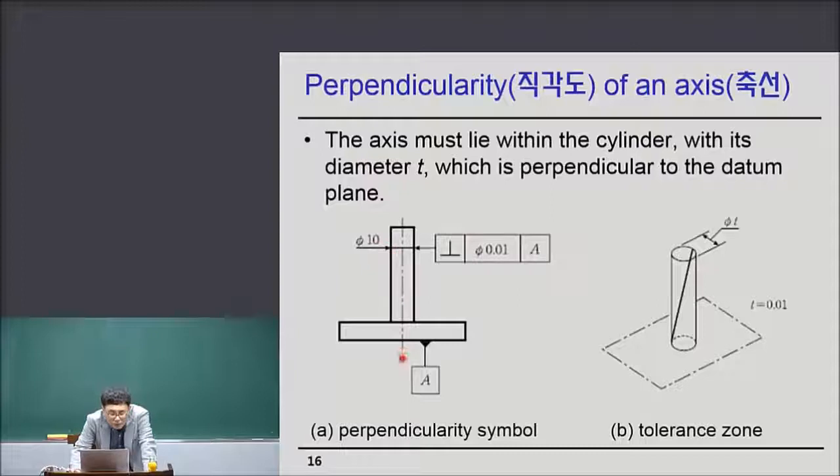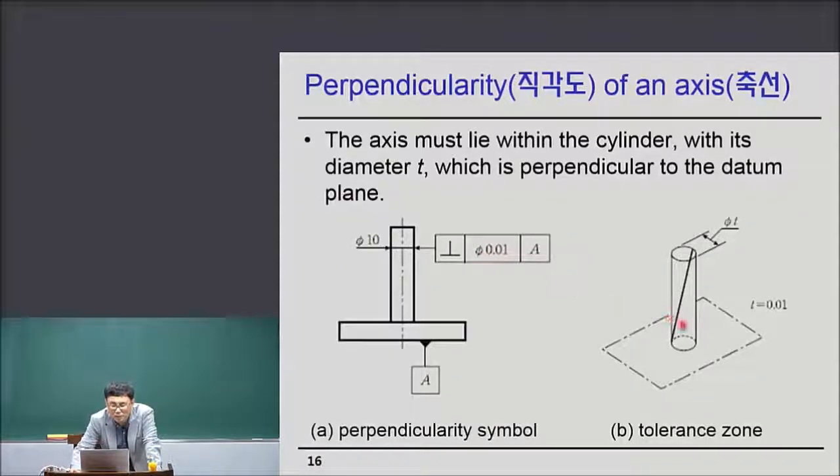So now this is the datum A. Datum A is the bottom plane, and the perpendicularity symbol is attached to the pi 10, which means the axis of the pi 10 cylinder. The perpendicularity of the axis of the pi 10 cylinder, according to A, is pi 0.01.